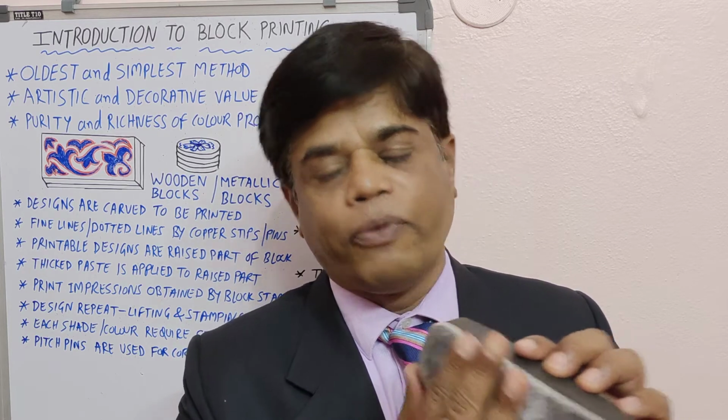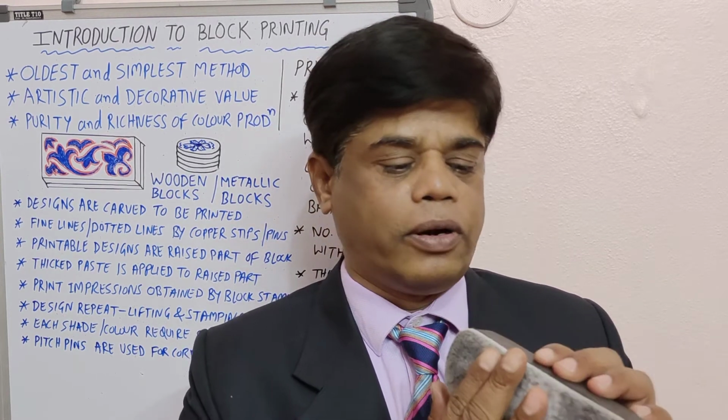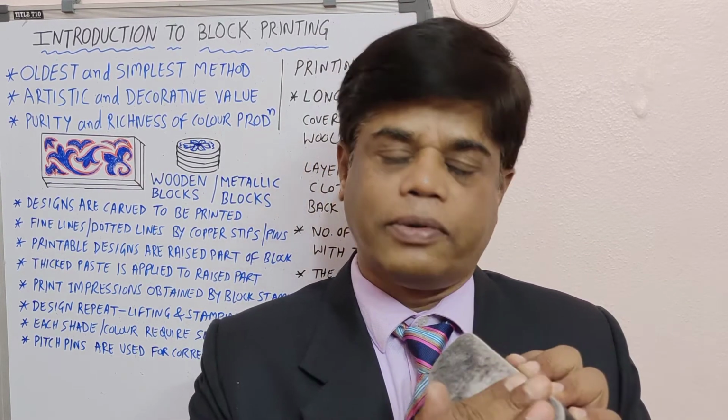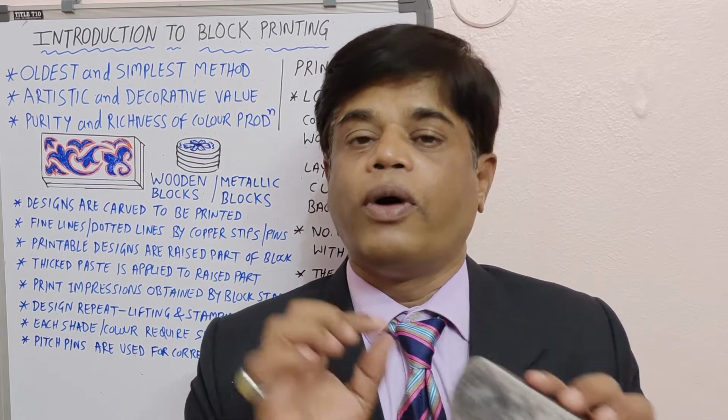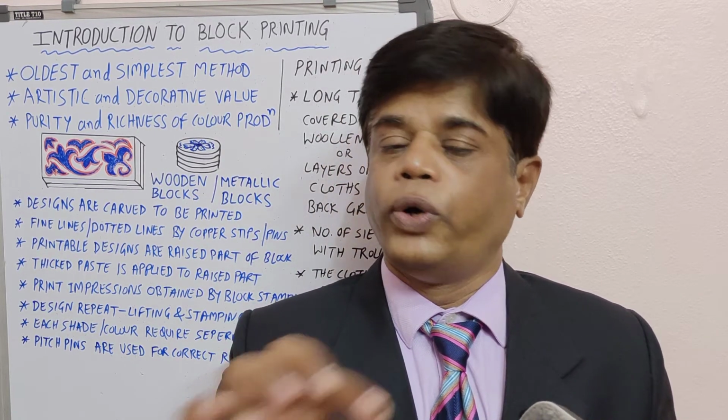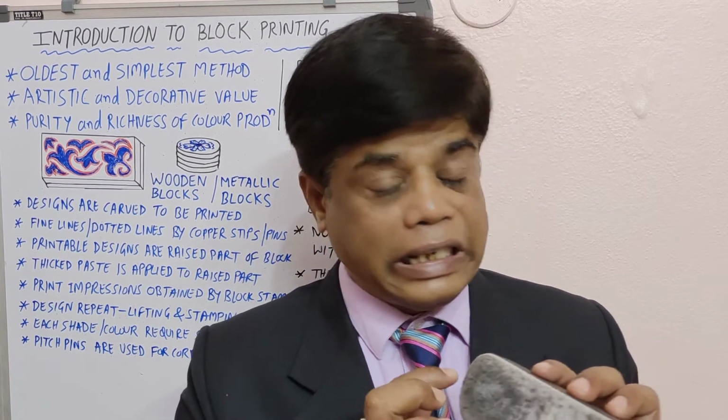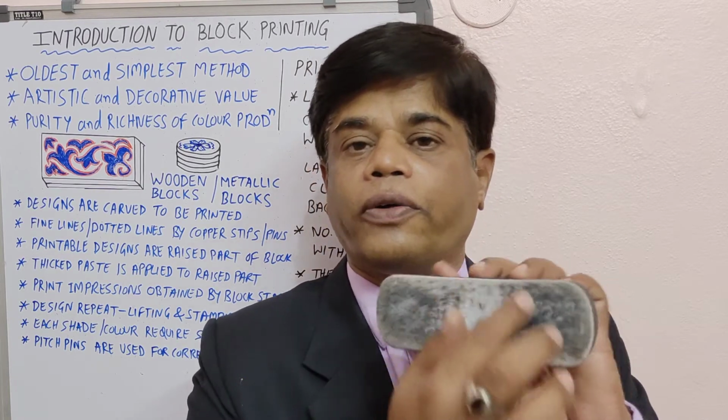And one side of the block is also made of wood, but it is soft wood. In that, the design that is going to be printed on the cloth, that design repeat, is carved here.